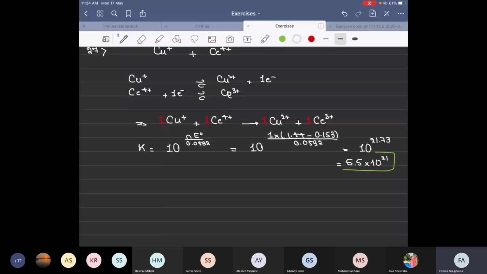Do you know what complete means? Remember, from the first lesson I told you complete means the reaction is 99.9% proceeds. But just because the reaction is complete does not mean that it does not reach equilibrium. It does reach an equilibrium.